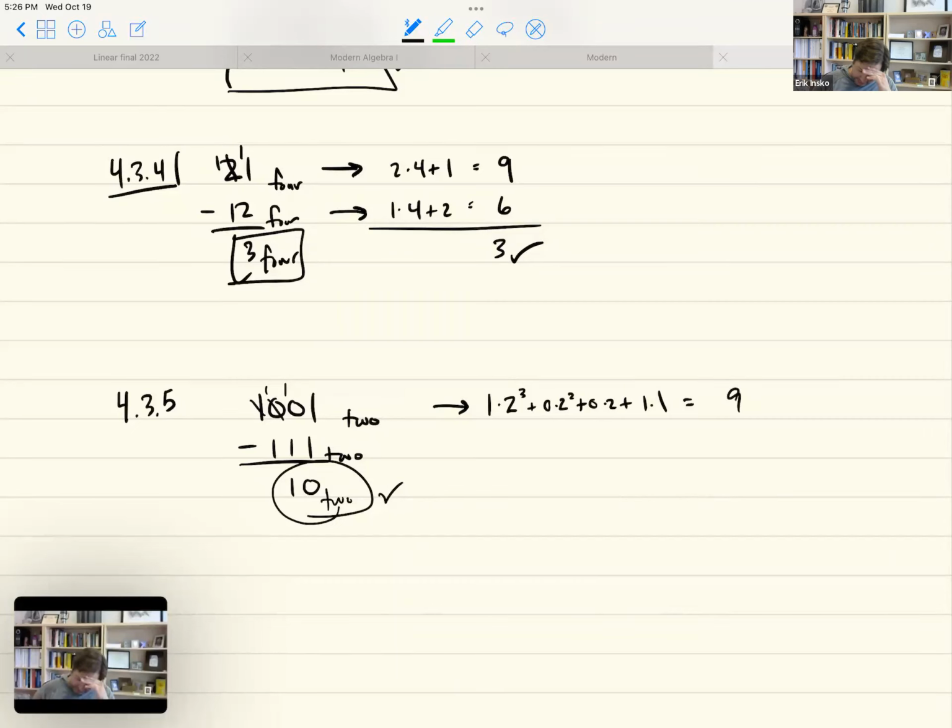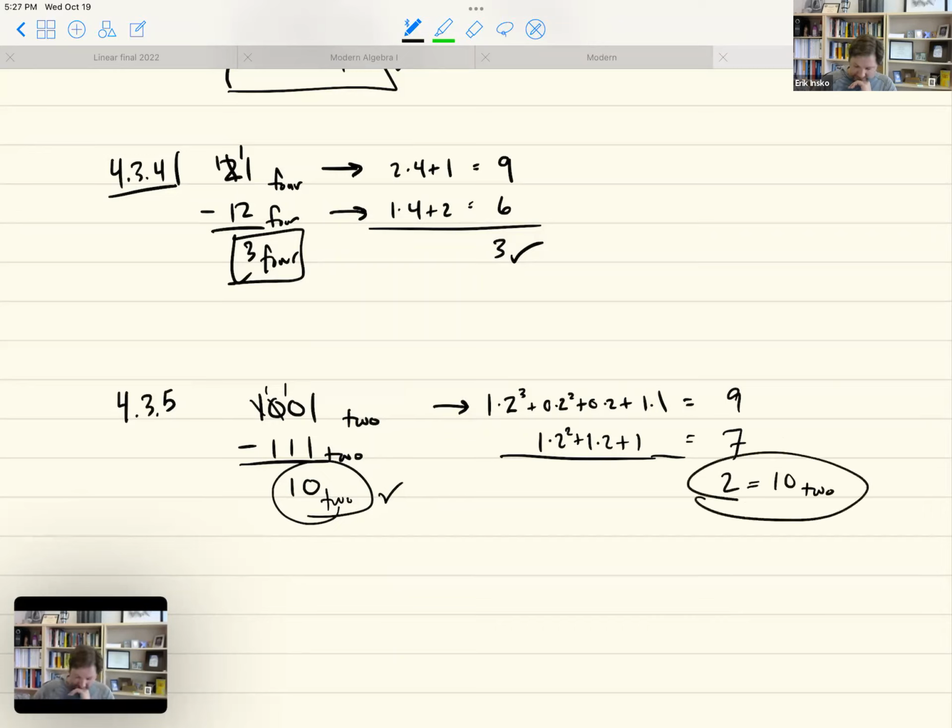And then the other one would be 1 times 2 squared plus 1 times 2 plus 1, which is what? 4 plus 2 plus 1, 7. So 9 minus 7 is 2. And 2, when written in base 2, is the digit 10, the number 10.